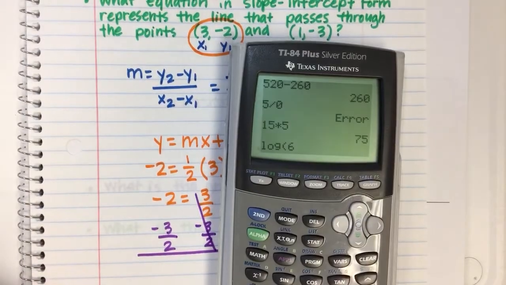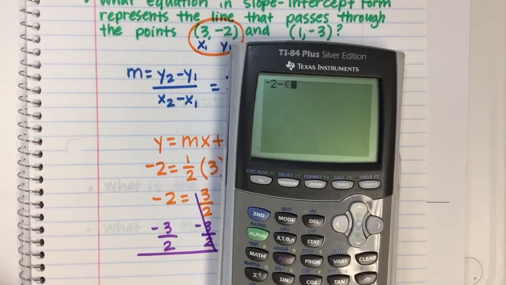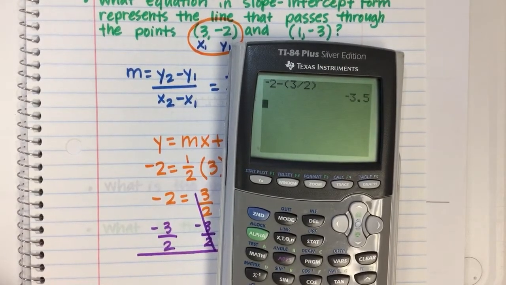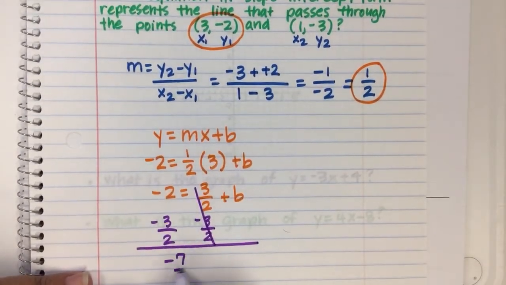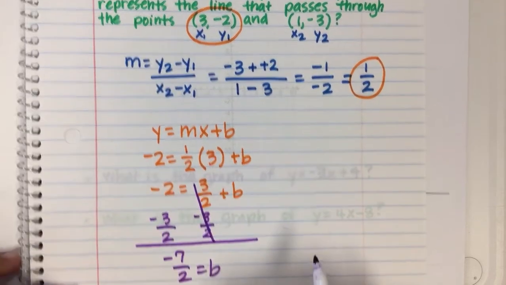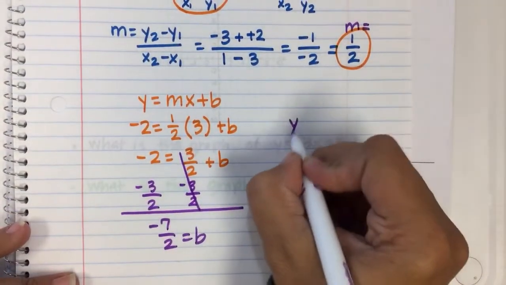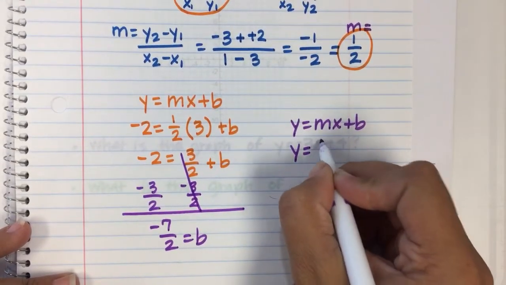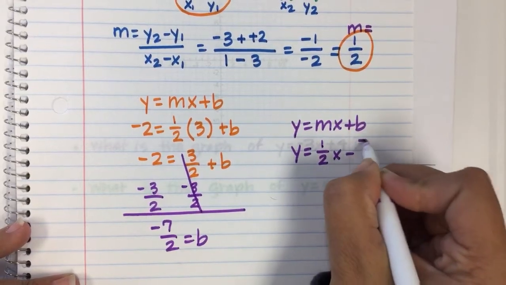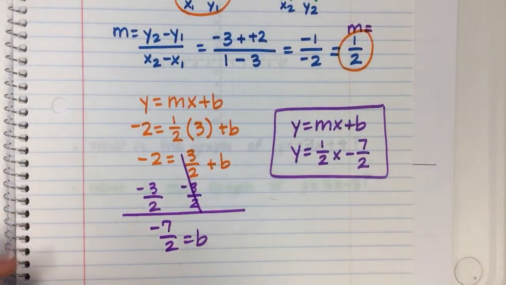And I'm going to use a calculator to say -2 minus 3 over 2, and change that to a fraction, and I'm going to get -7 over 2 is equal to b. All right, now that I know this is m, this is b, I'm going to say y equals mx plus b. Y is equal to 1/2 x minus 7 over 2.